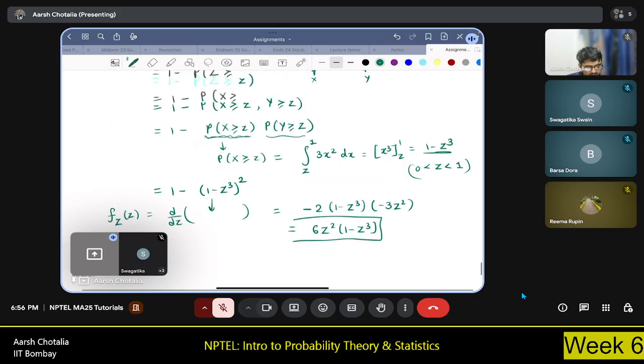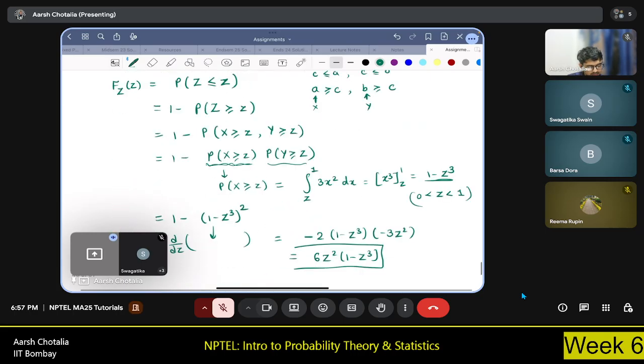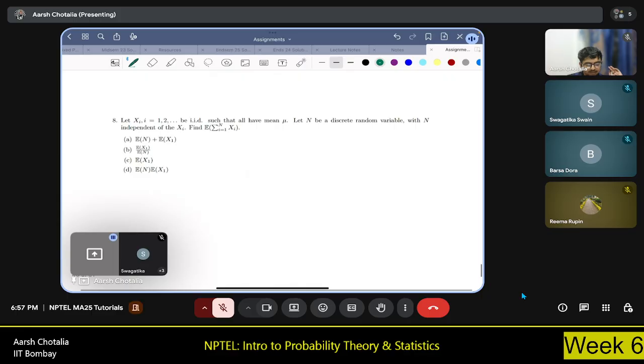That is our answer, the PDF. This one. 6z squared (1 minus z cubed). And of course, z has to be between 0 and 1, right? So I hope it is clear. Otherwise, please do ask me.